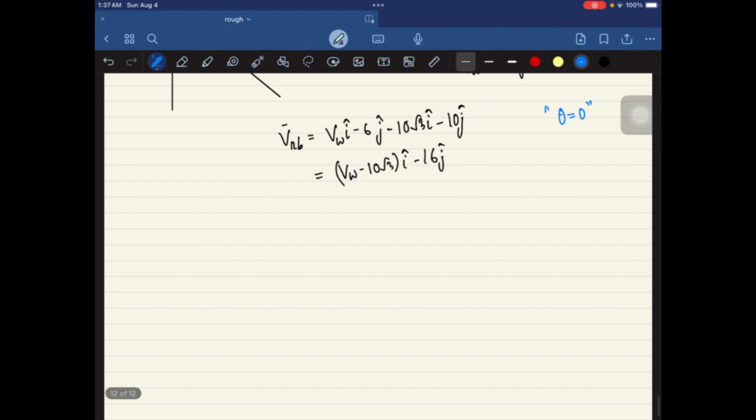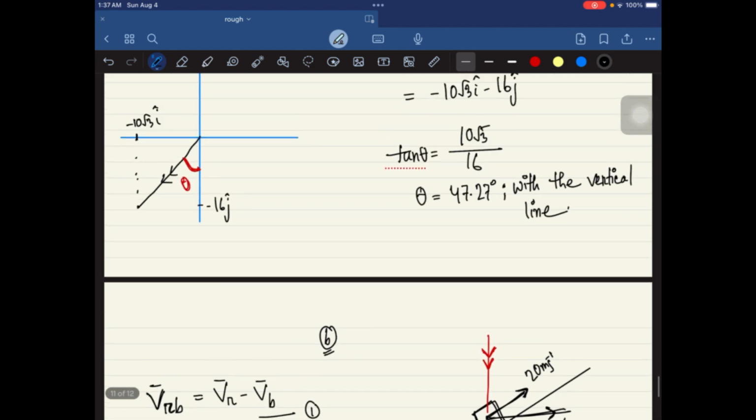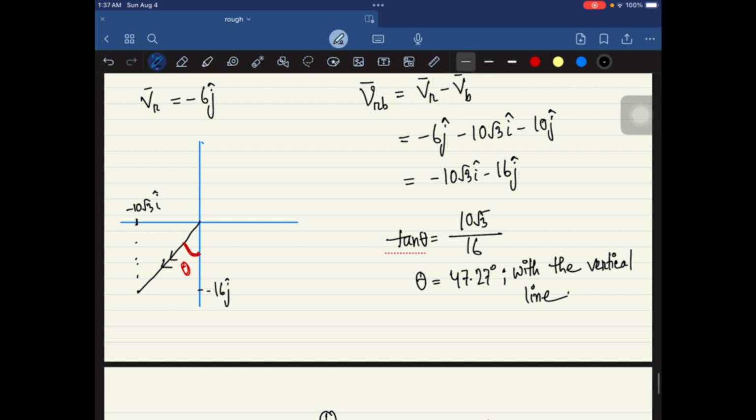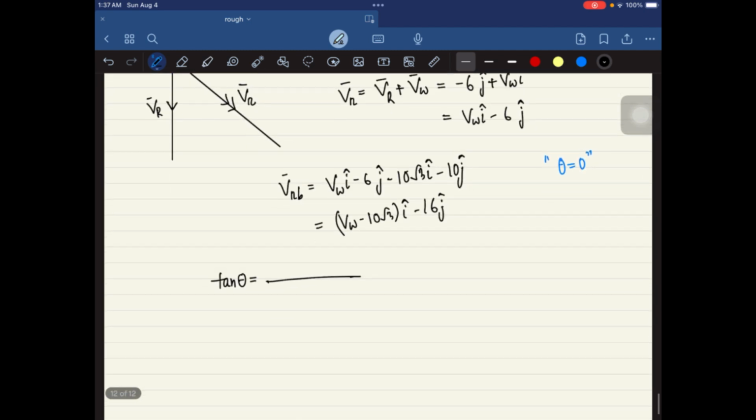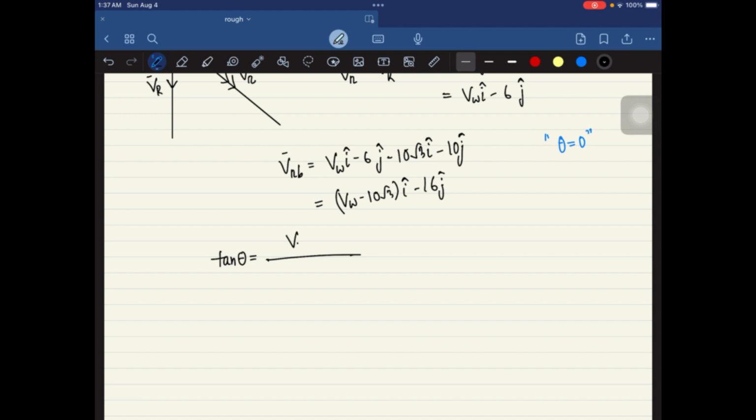So now if we do the calculation, tan theta is equal to, as we just put in the previous case, the i part in the numerator and the j part in the denominator. The numerator is the i part, VW minus 10 root 3, and the denominator is the j part, 16.